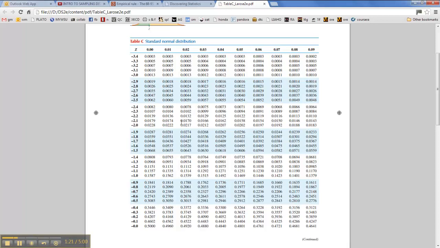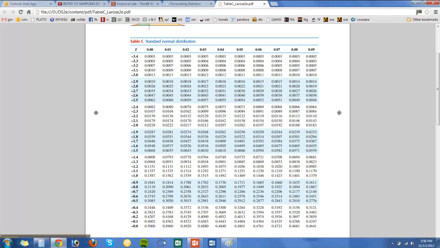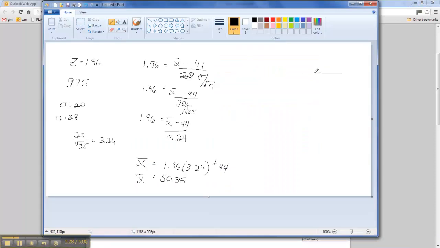On the normal curve, because we are assuming normal, we're talking about this spot, the 2.5th percentile. That also corresponds to this area being 0.025, and this is the 97.5th percentile.